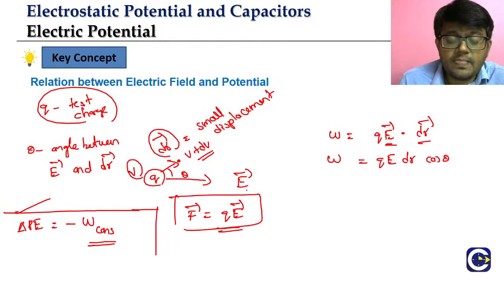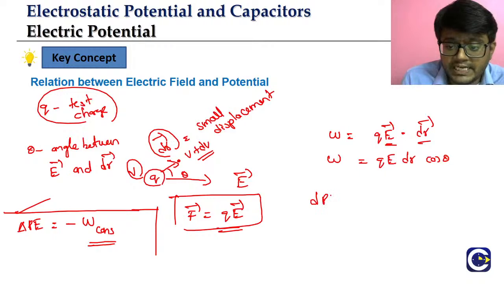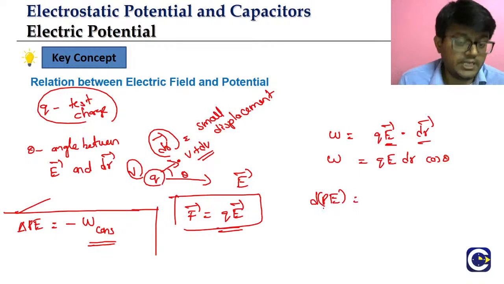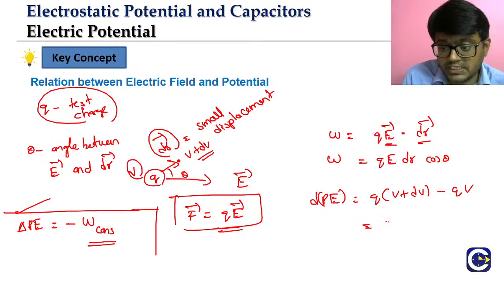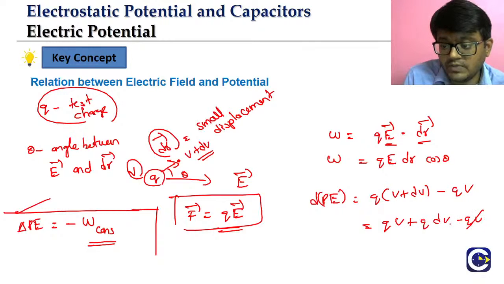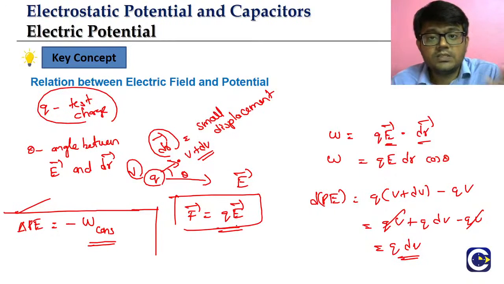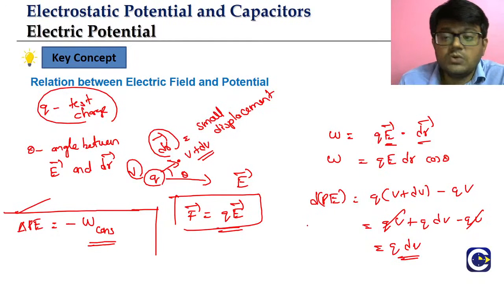Now look, the change in potential energy is also a small value. It will be the final potential energy minus the initial potential energy. What will it be? QV plus QdV minus QV. So QV cancels. What is it? QdV. The change in potential energy will be Q times dV.